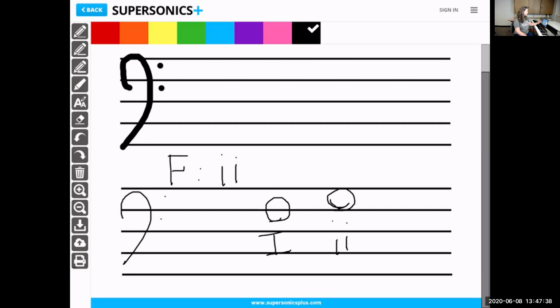So for my answer, again, I would move this down an octave so that I don't have to rely on ledger lines and dealing with that. So what I would do for my answer is draw my G down here on the bottom line. I'm going to build a snowman. Okay. Now, what I didn't do at the beginning was draw my key signature here, and there is a B flat in the key of F major.